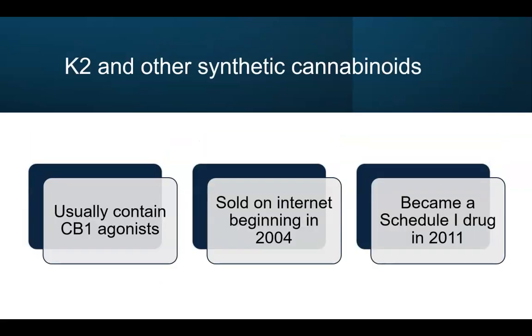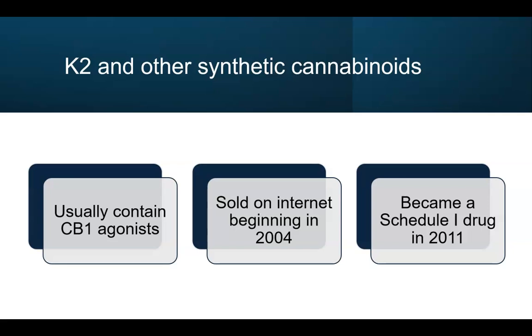Now, I want to briefly talk about K2. So basically, beginning around 2004, remember that in the United States, marijuana is still, at least for right now, considered a Schedule I drug. As we've talked about previously on our forums, there is a move to make it Schedule III. So again, when you make something very hard to access, you're usually going to find some black market workarounds or things like that.